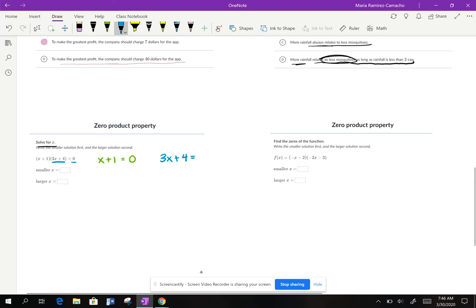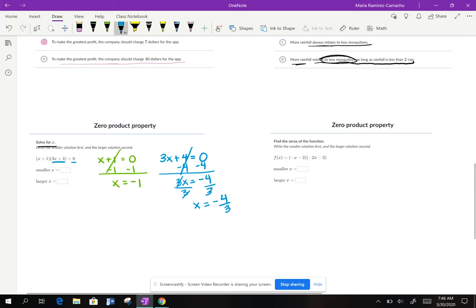And what we're actually going to do is we're going to solve both of these equations. If you solve for x here, you get x equals -1. And if you solve for x here, you get x is equal to -4/3. We can leave this as an improper fraction.